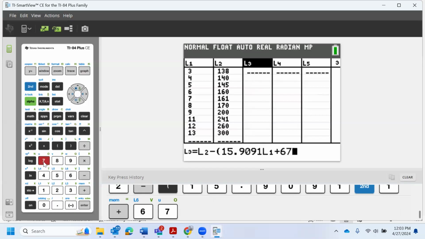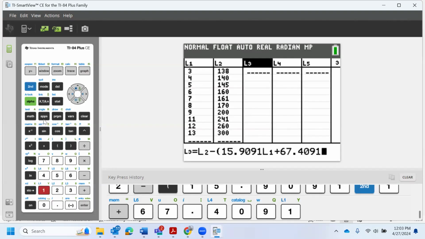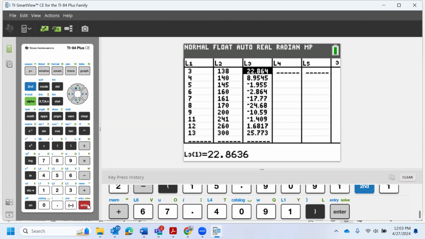I hope my values are correct. Close your bracket, enter, and the values drop.